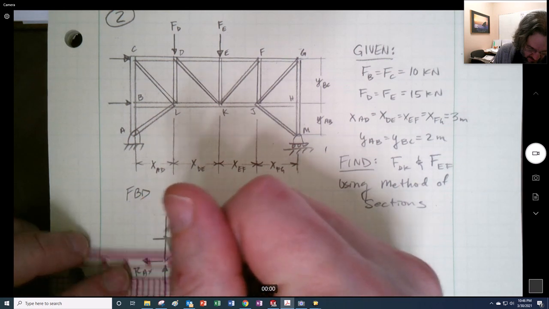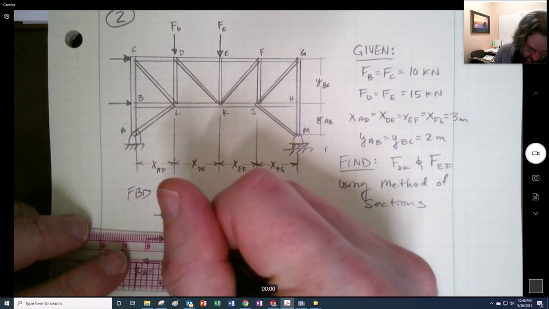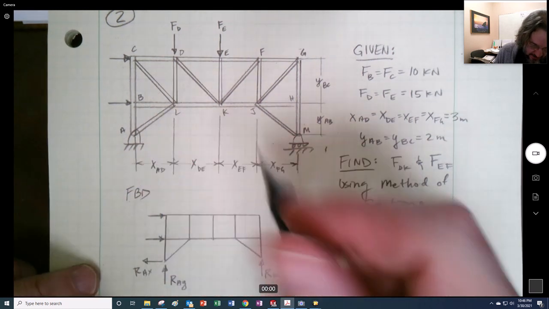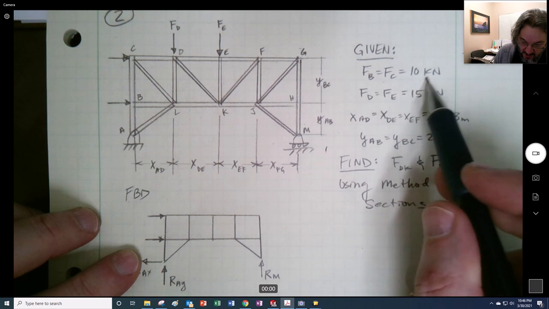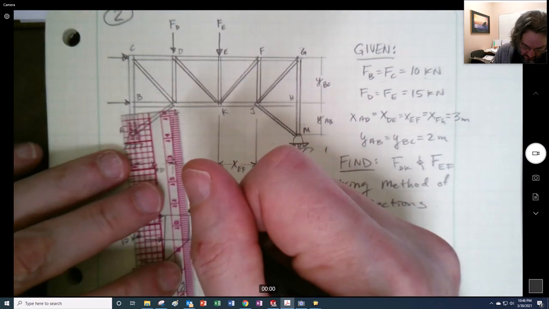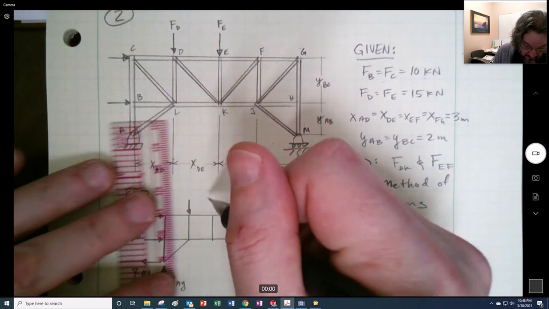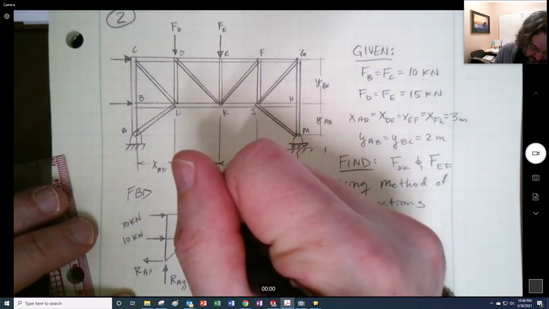And we have a force here and a force here. What are these going to be? B and C are the 10 kilonewtons. And then we're going to have a force coming down, and a force coming down, and these are the 15.